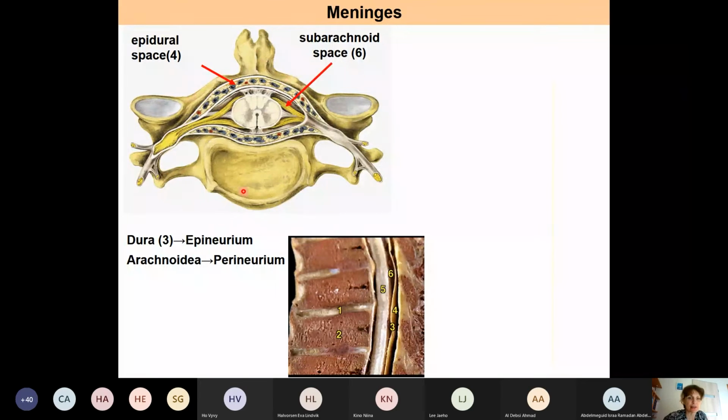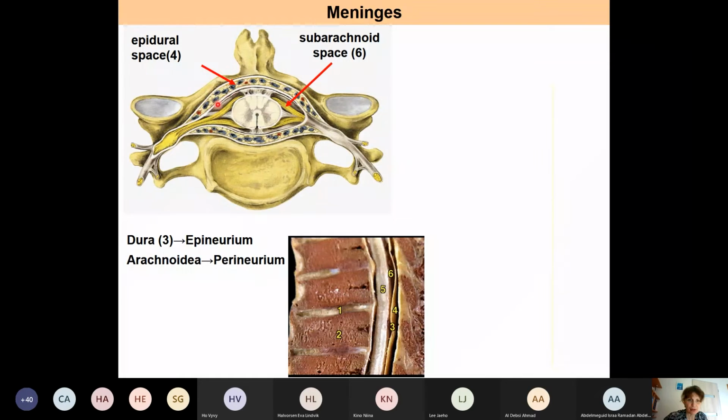This picture here shows a cross-section of the spinal cord and the meninges. You can recognize here the two layers of the dura, external and internal layer, and between the two layers the epidural space filled with adipose tissue and veins. In this picture should be this number 4, the epidural space, and you can also recognize the dura, number 3 here.